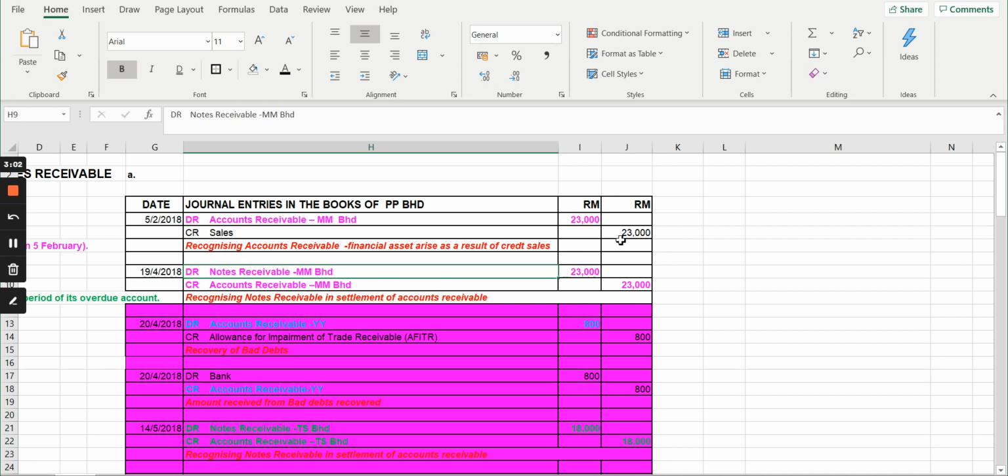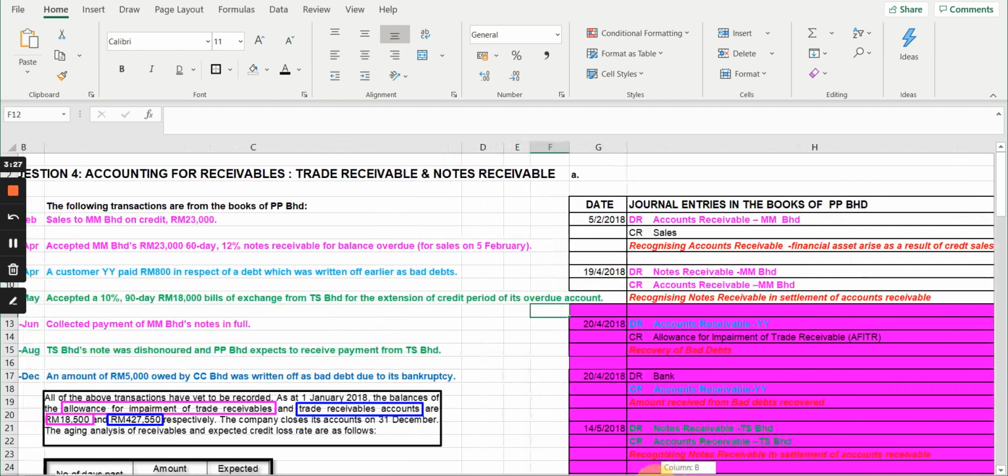It will be at the face value, which is also the same as the receivable that you have recorded earlier. So that was to recognize the note receivable that was used as a settlement for account receivable. But still you need to collect the payment due. This is just giving a stronger claim. Okay, that was for the second one.